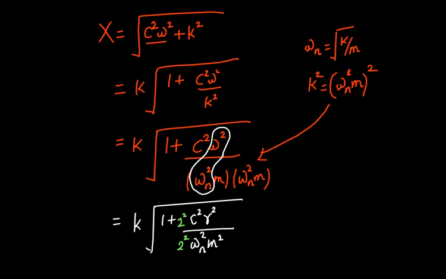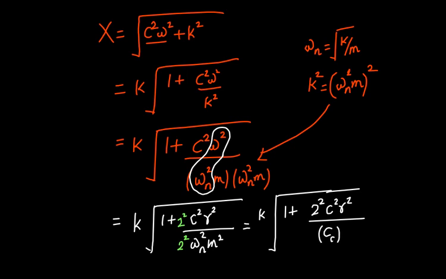If I do that, in the next step, it's going to be k into root over 1 plus 2 squared into c squared into r squared divided by, it can be written as, what is 2 into m into omega n? 2 into m into omega n is c suffix c, which is the critical damping coefficient, the whole square.